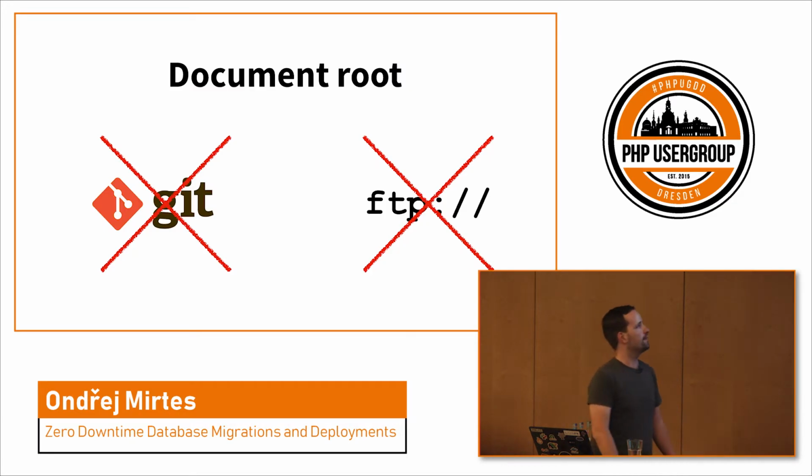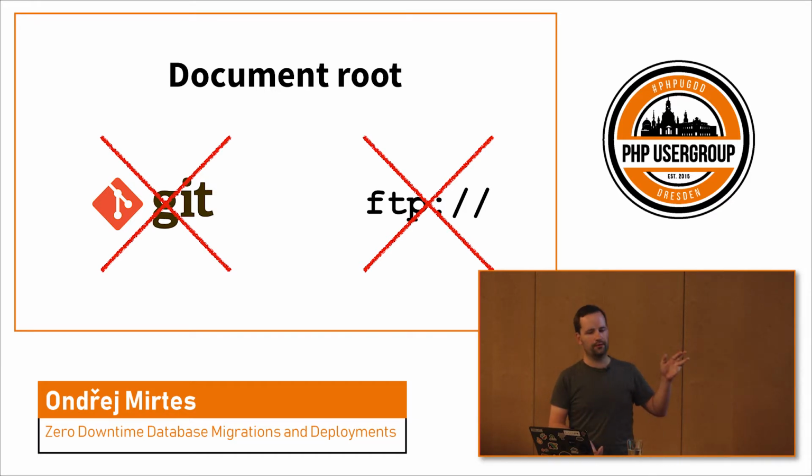An important thing to realize is that deployment has to be atomic. So in a single moment, new requests should begin to be handled by the new version. There shouldn't be any chance of an inconsistent state.